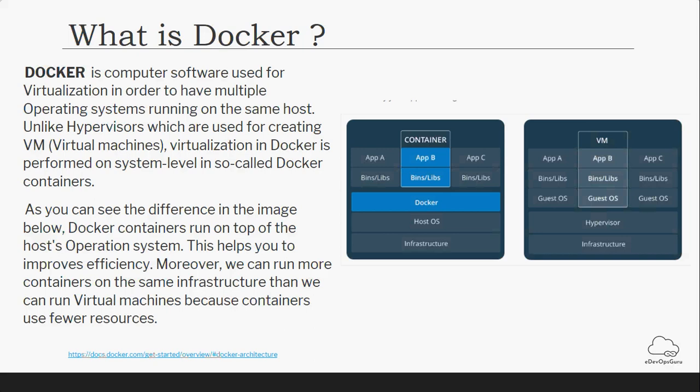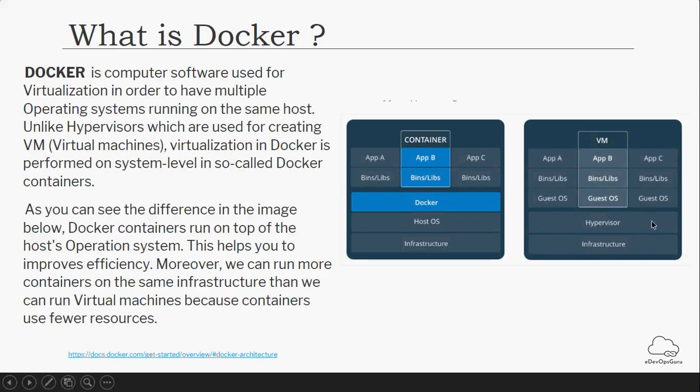So there we had a single physical machine, and we could install multiple OSs and, on top of those OSs, run our applications in different environments. This is the one I'm talking about. You have an infrastructure, then you have a hypervisor.